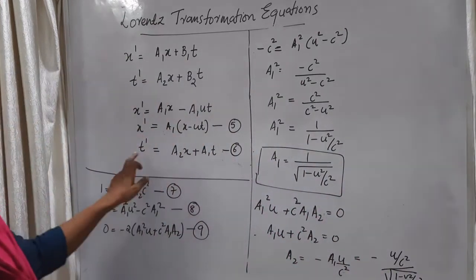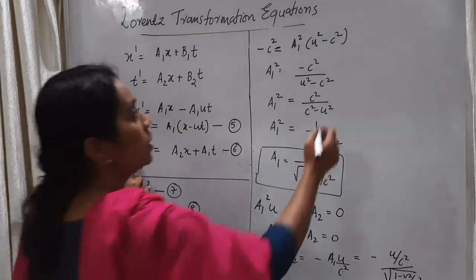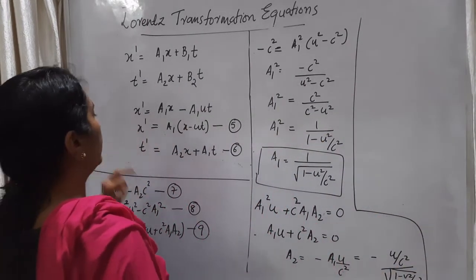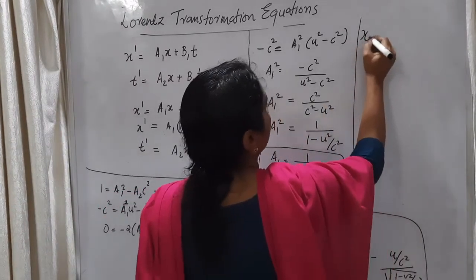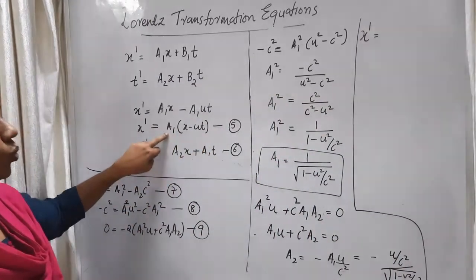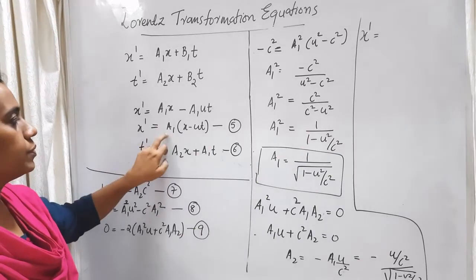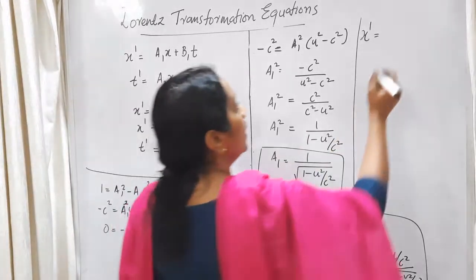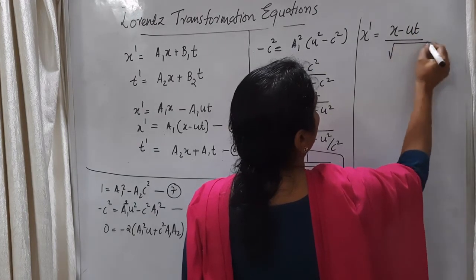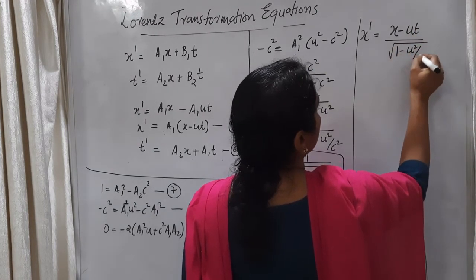Okay, now let us get back to the transformation equations. So what will be the transformation equations finally? You can write x dash is equal to x minus ut by root of 1 minus u square by c square. Substituting for a1, you get it as x minus ut by root of 1 minus u square by c square.